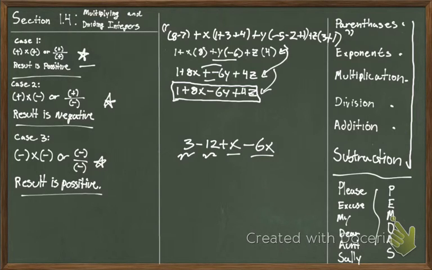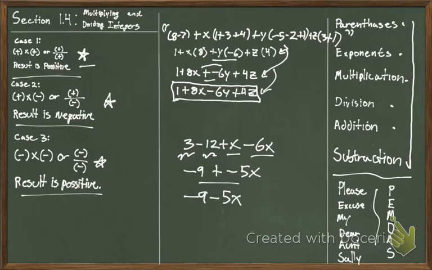So first of all, 3 minus 12. Well, the difference between 3 and 12 is 9, and we've got a negative number here, so it's going to be minus 9. And then plus, combine like terms on this other side here with these x's. X minus 6x, well, that's minus 5x. And now we're back down to our addition and subtraction issue here, and we need to recognize that a plus and a negative is a negative, so you've got minus 9 minus 5x is your answer.